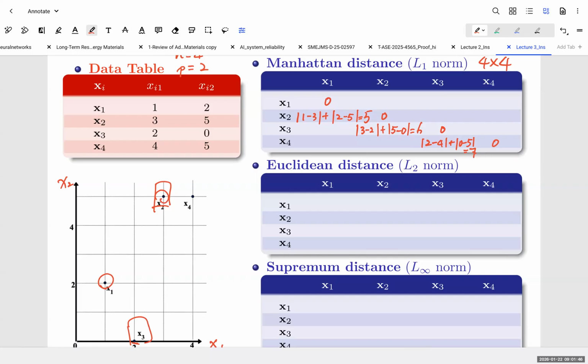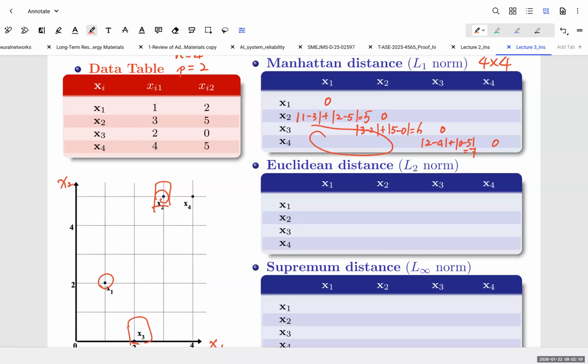So according to Manhattan distance, the difference between 1 and 2 is less than that between x2 and x3, and smaller than that between x3 and x4. Okay, of course you can figure out those values. That's not difficult, but tedious.